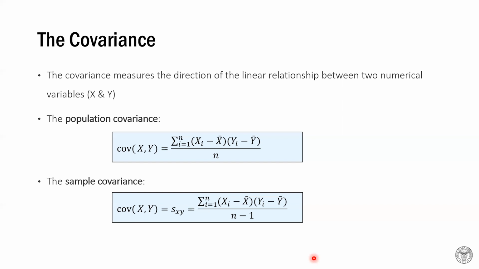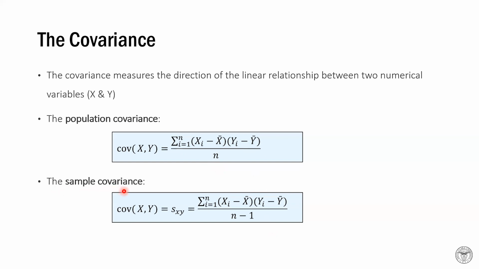If we compute the population covariance, we have COV of x, y equal to the summation of x sub i minus x bar times y sub i minus y bar over n, where n is the population size.